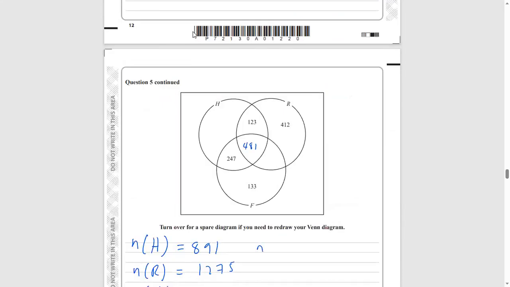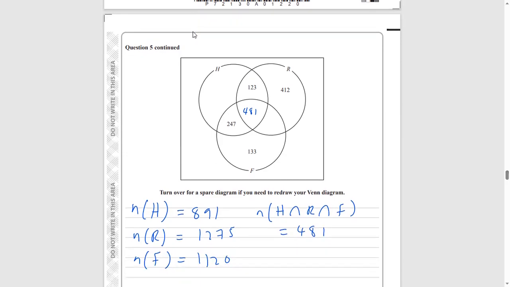So we can say that the number of people in the intersection of H, R, and F is equal to 481. Okay, so we got that. Now we know that the number of people working from home, so this H, has got to add up to 891.